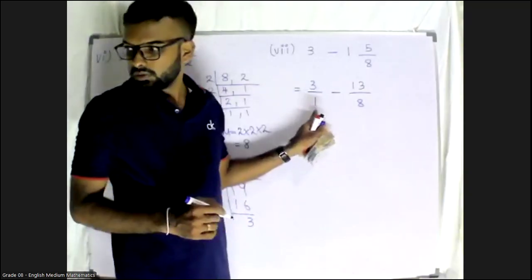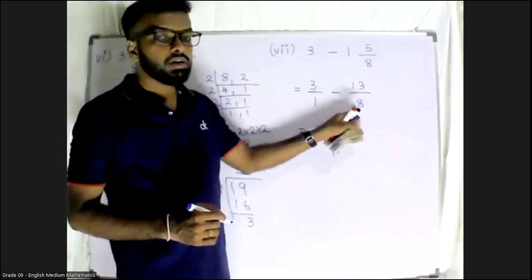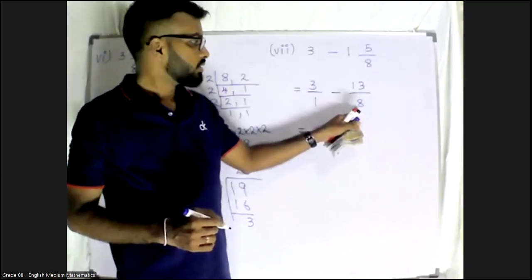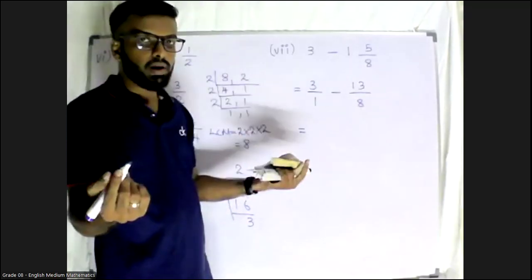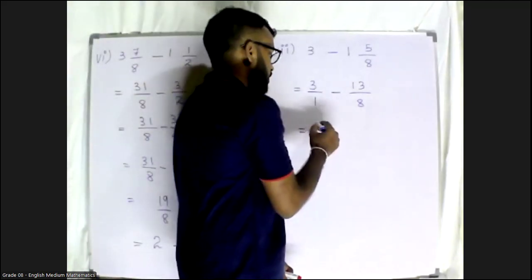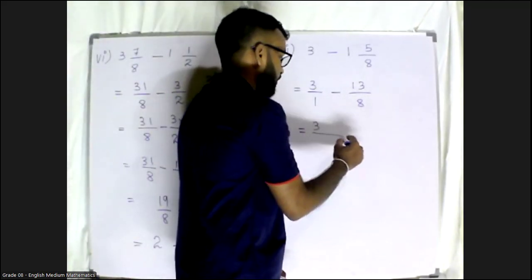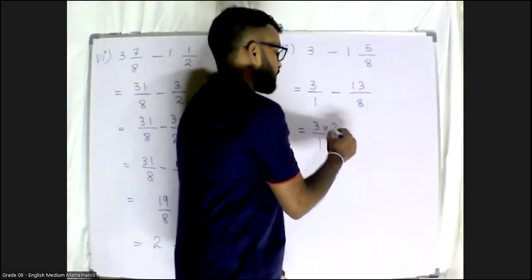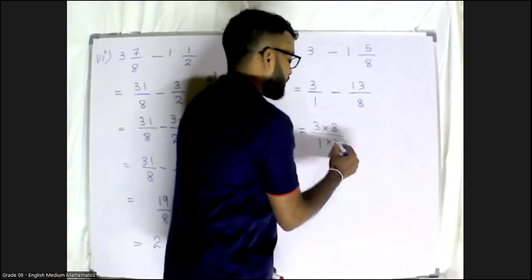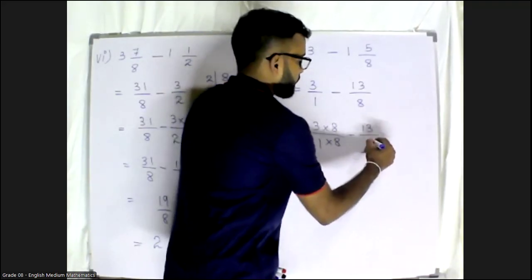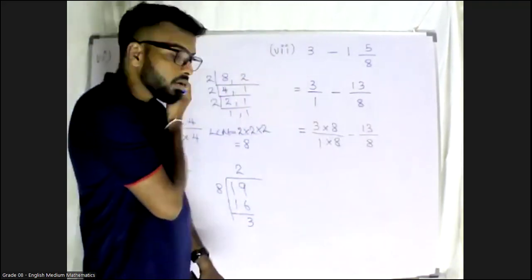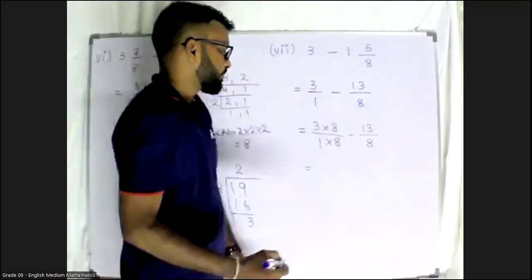So this is 1 more. So you have to convert this 1 into 8, so then both become 8 and 8. You know how to do that: 3 upon 1, multiply both the denominator and the numerator by 8. 13 upon 8. So equal now.